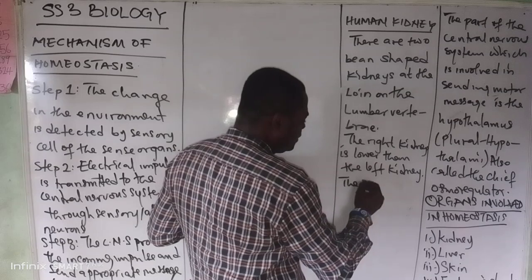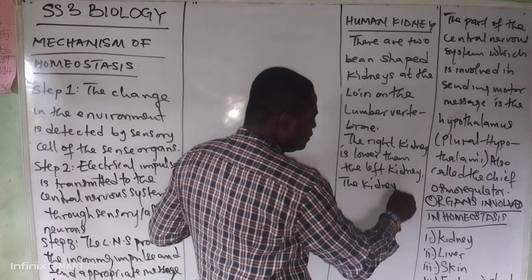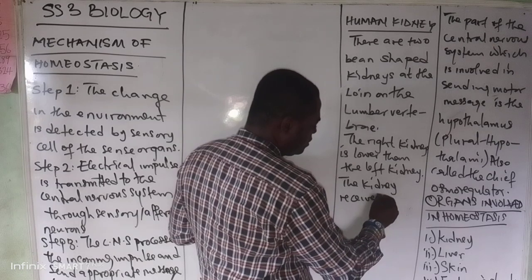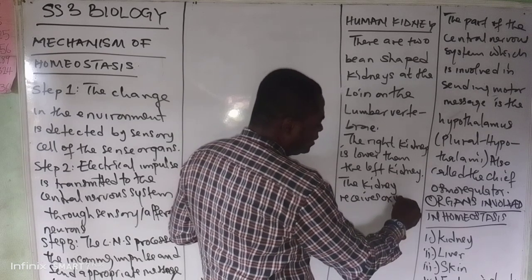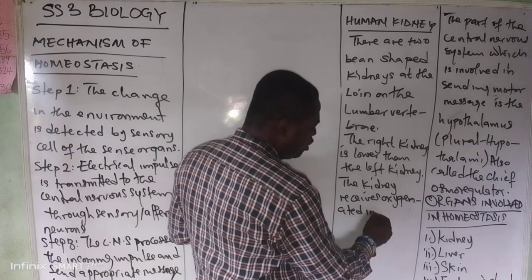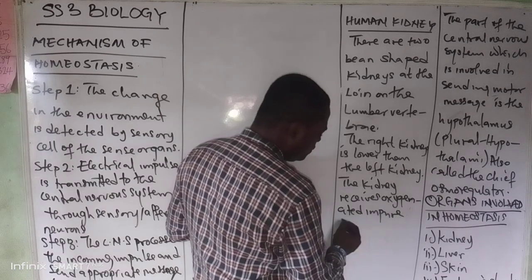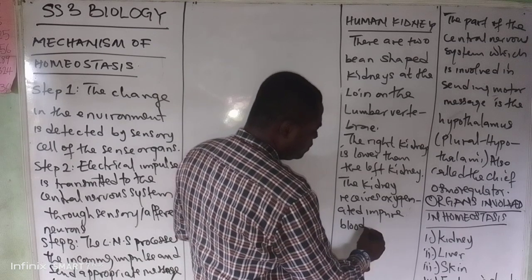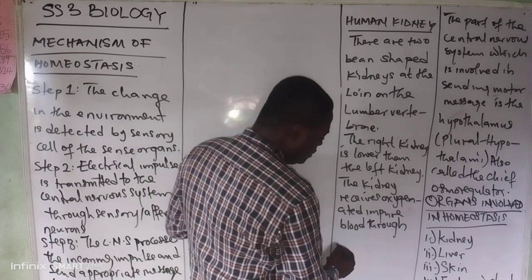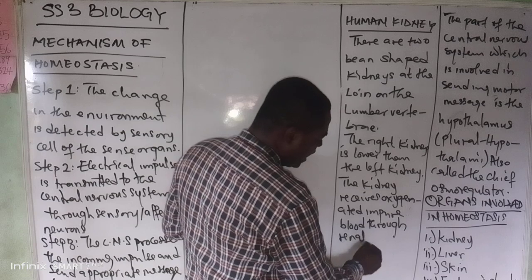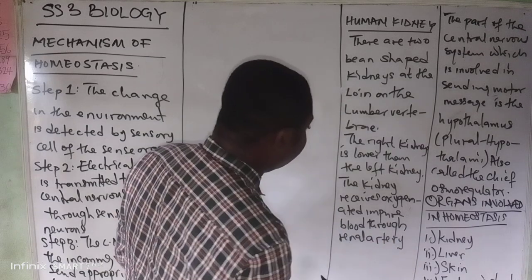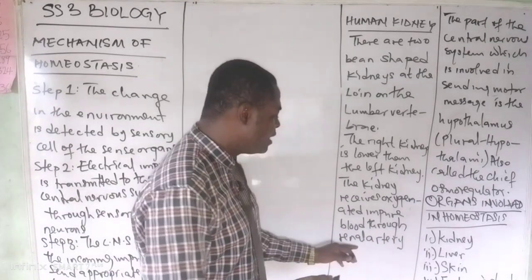Now, the kidney receives oxygenated, impure blood through a blood vessel called the renal artery. So, blood that is dirty enters the kidney through the renal artery.